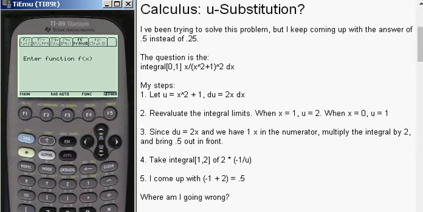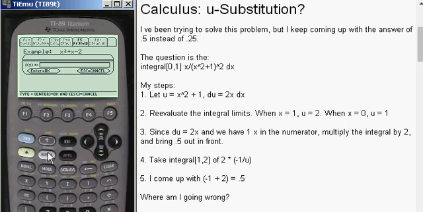And again, we're going to enter the function: alpha x divided by, and the two left parentheses, x squared plus 1 to the second power.